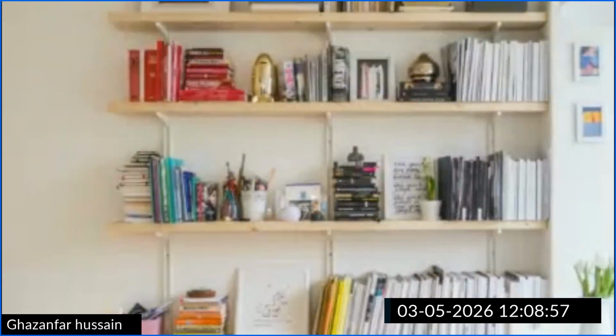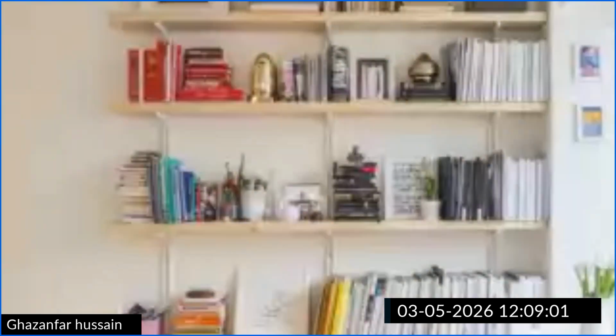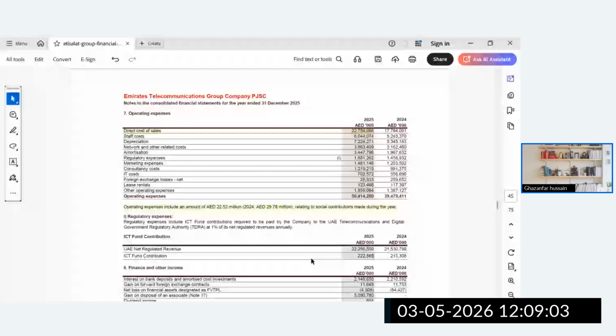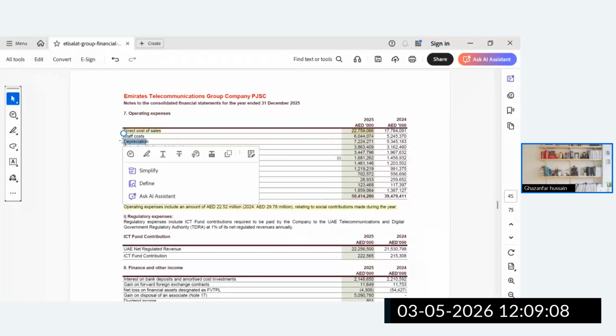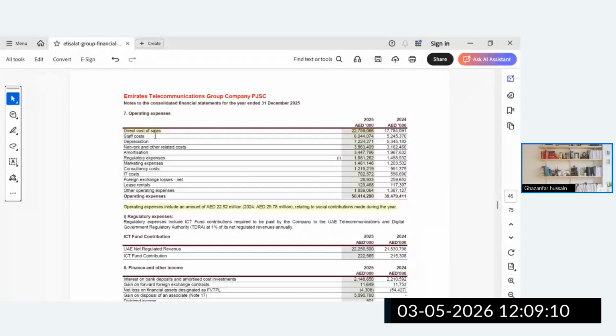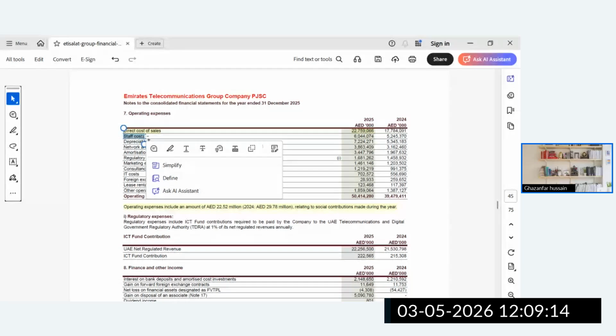The salaries and wages are given under the staff cost. So this is the staff cost.